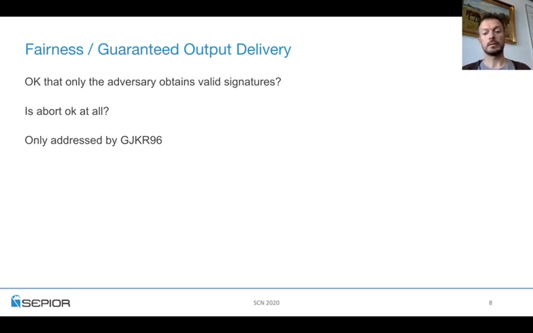In some cases it's perfectly okay, but in other cases it's not that trivial, especially if the system is used as just a component in a larger, more complex system. Imagine that just being in possession of a valid signature allows you to withdraw some money, and then suddenly it's not so good if the adversary holds several of those without anyone else holding these.